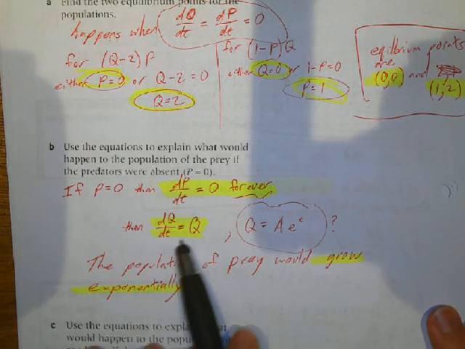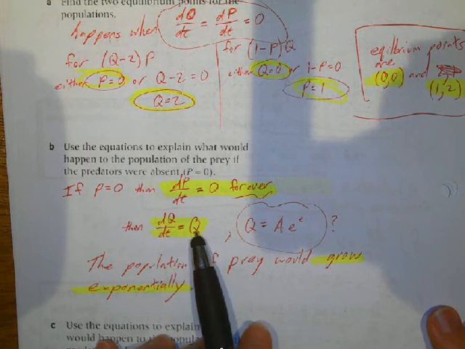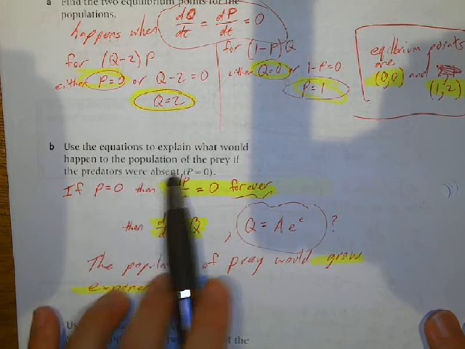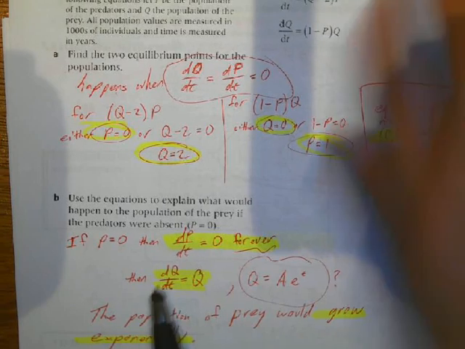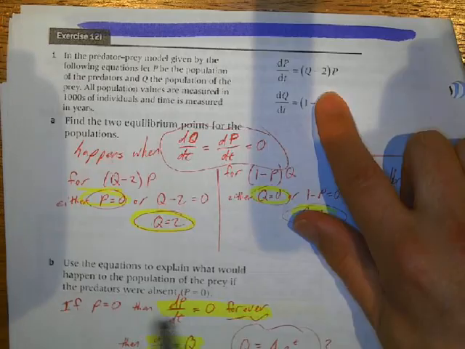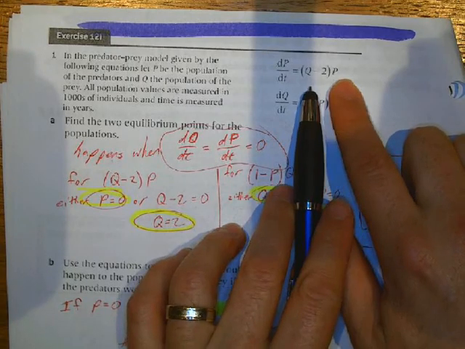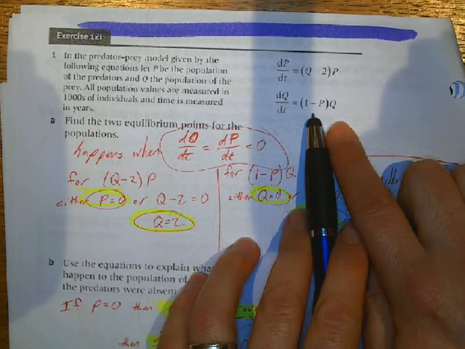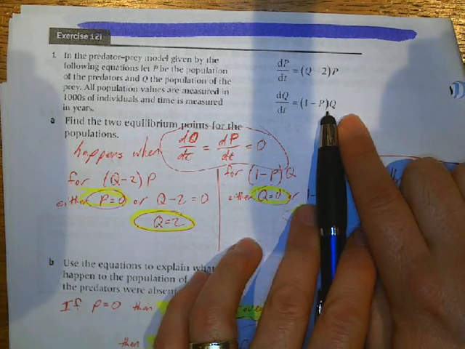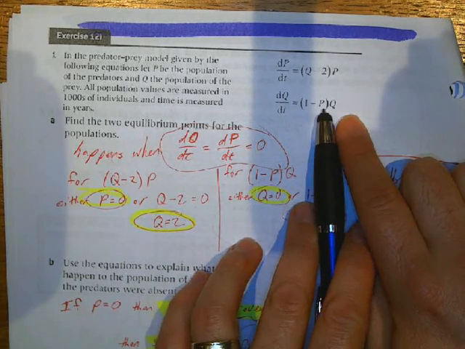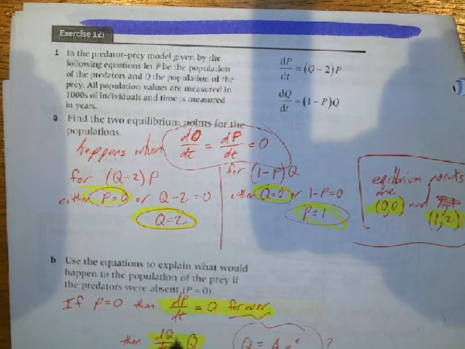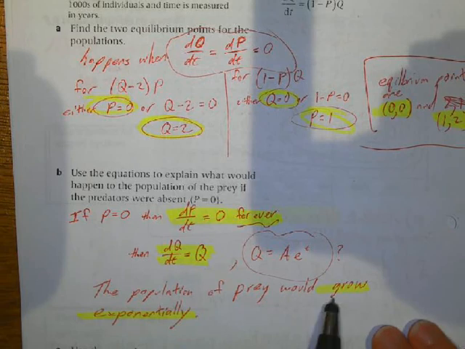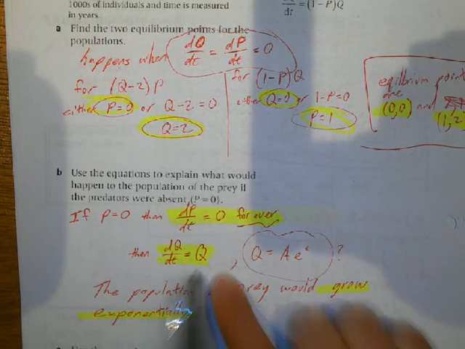So for the equation explaining what happens to the population of the prey, if P was equal to 0, then 0 times anything is 0. And here, if P is equal to 0, we're just left with 1 times Q and then minus PQ, which simplifies to Q. And the population of the prey would grow exponentially according to Q.